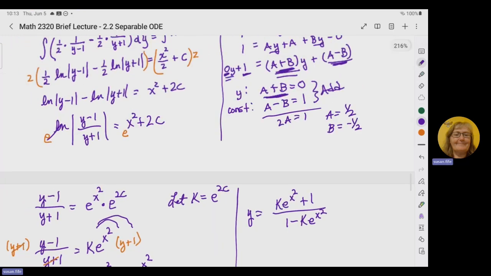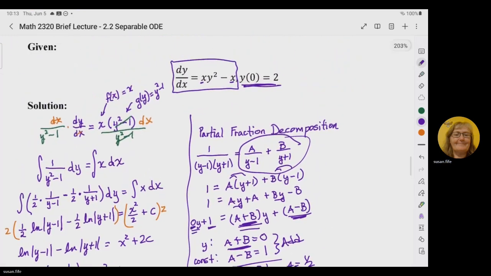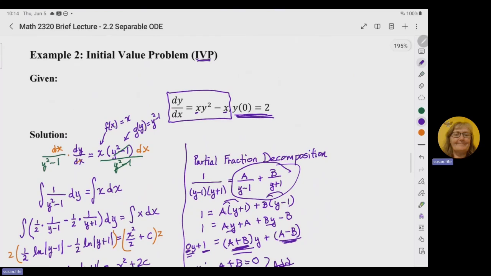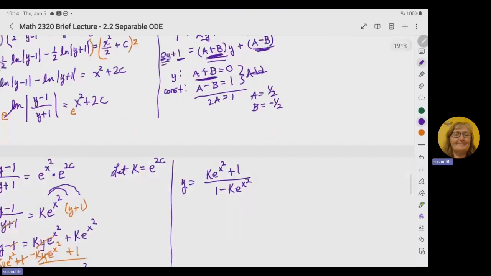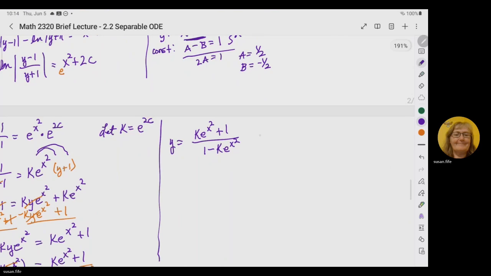And then go back to our problem and grab the initial condition, y of 0 equals 2, and substitute in to solve for k.